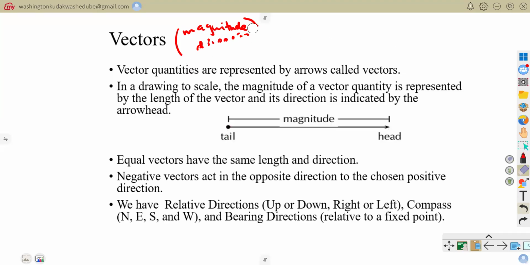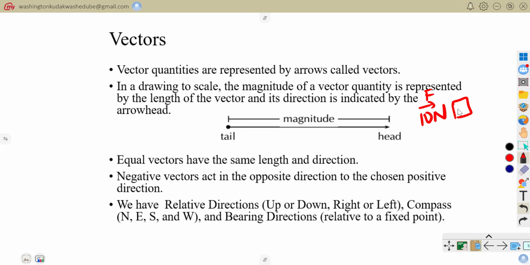By mentioning that, we get to define what we refer to as equal vectors. Let's say you have equal vectors, 10 Newton to the east, 10 Newton to the east. Those are equal vectors. We have a force of 10 Newton, which was applied maybe to an object to the east, and then also a force of 10 Newton, which was also applied as pulling towards the east.